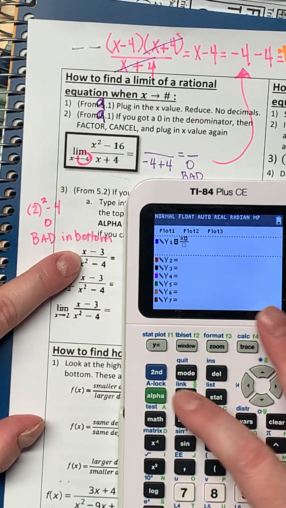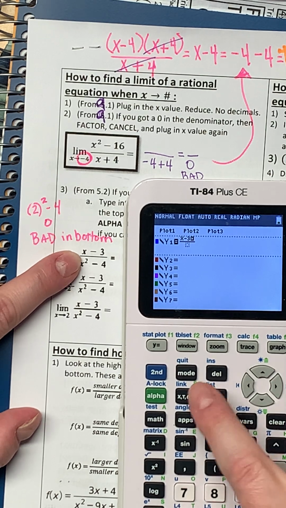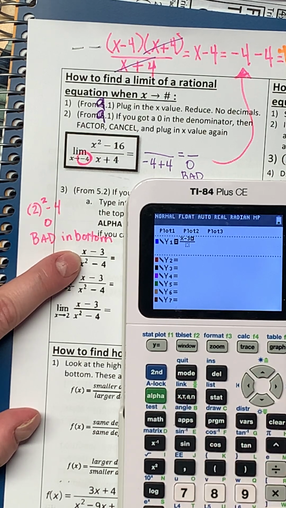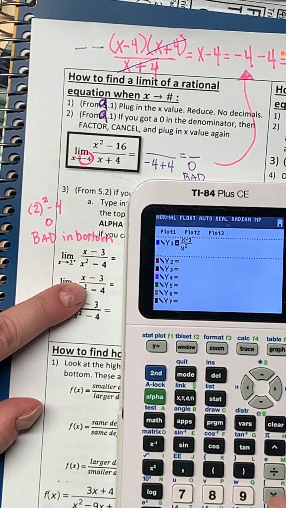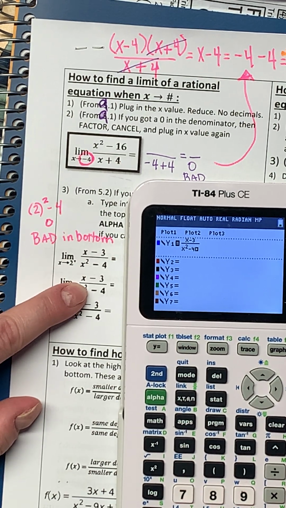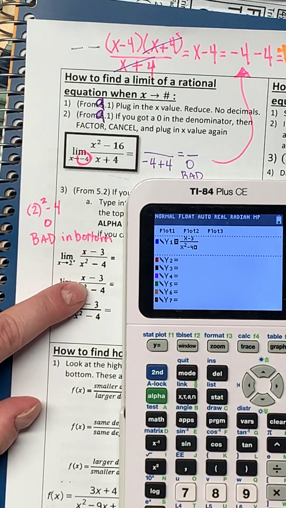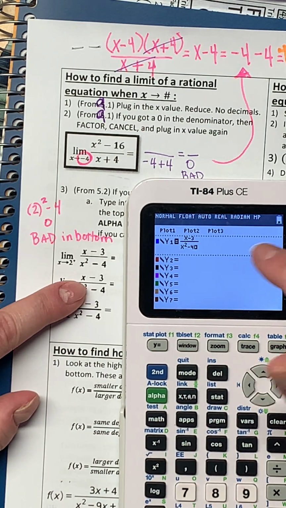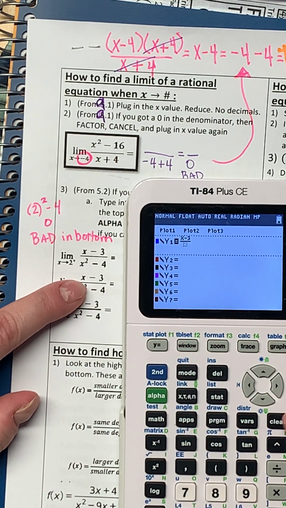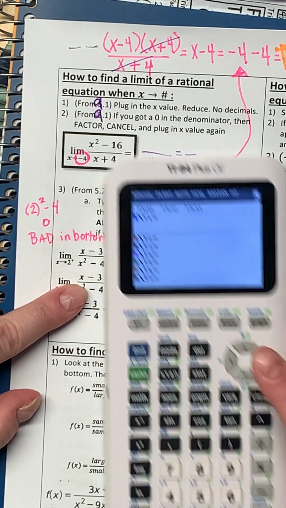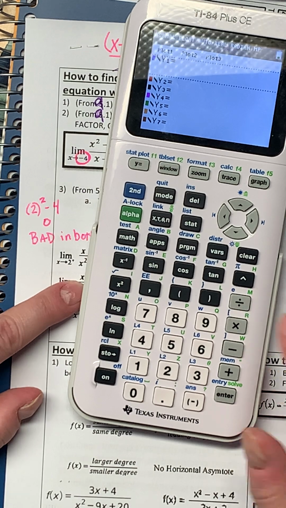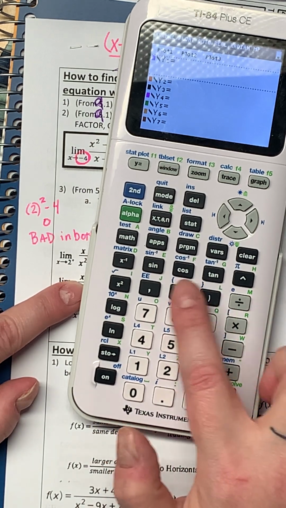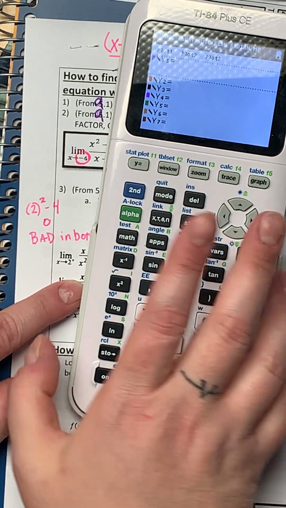On the top, x minus 3. The x is right here by the green button. And then go down, and we have x squared minus 4. And then I could keep going. But if you don't have a new calculator like me, you can just use the old school divide sign to show the fraction, but make sure you put parentheses around the top and the bottom.